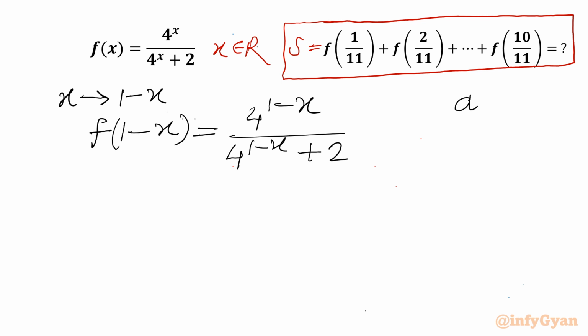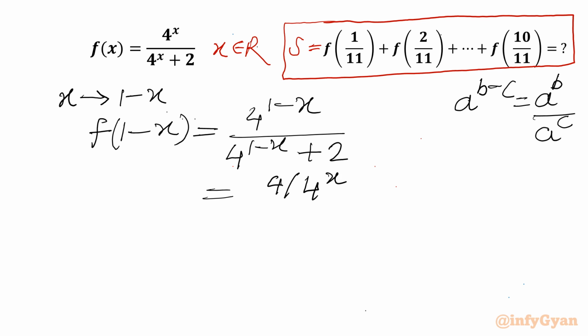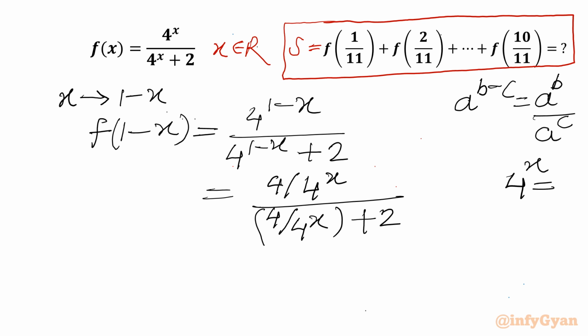Now we can use the property from exponents: a power b minus c will be equal to a power b over a power c. So I can write 4 divided by 4 power x over 4 divided by 4 power x plus 2. Now 4 power x cannot be equal to 0 because x belongs to real numbers.